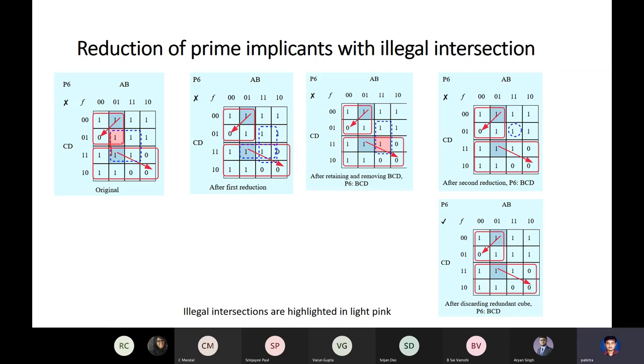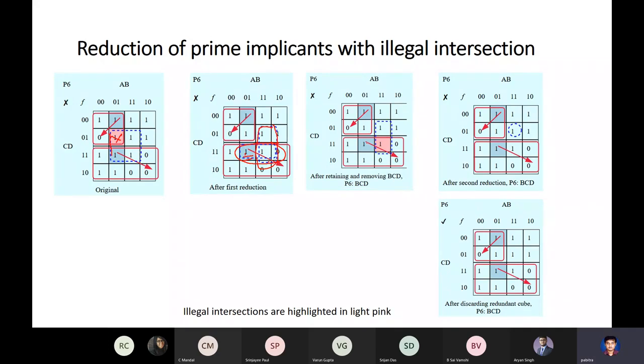So I break this prime implicant and reduce it into these two prime implicants to avoid this intersection. But this is also still illegal because this intersects with this and does not contain this one. So I break it down further.